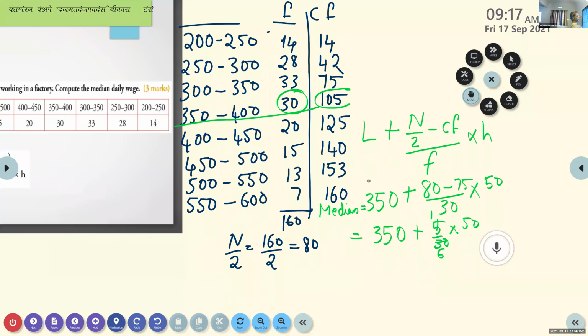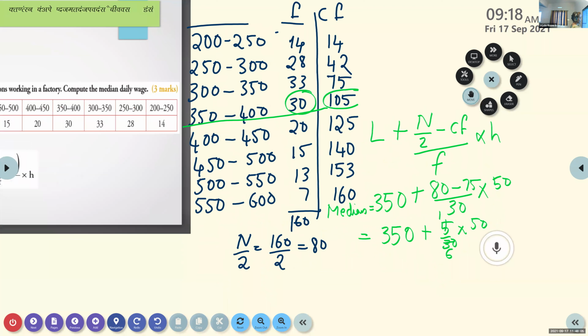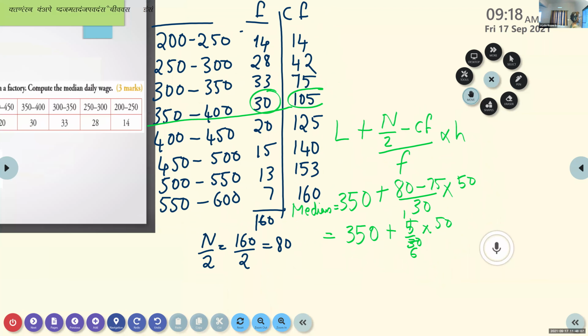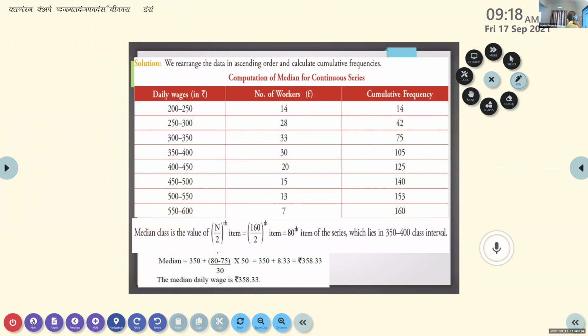Anybody got the answer? Just tell. Ma'am, I got 358.3. That's correct. I'll show the next slide. See, to get the cumulative frequency, we have to arrange that in the ascending order. Otherwise, it is not easy to take the cumulative frequency. So it should be arranged in the ascending order.